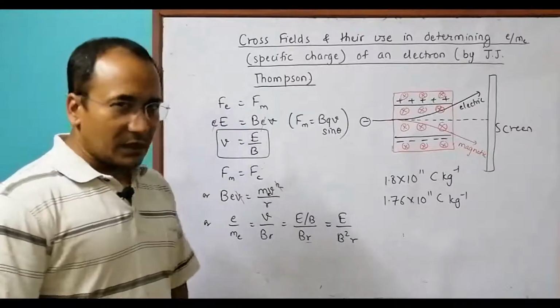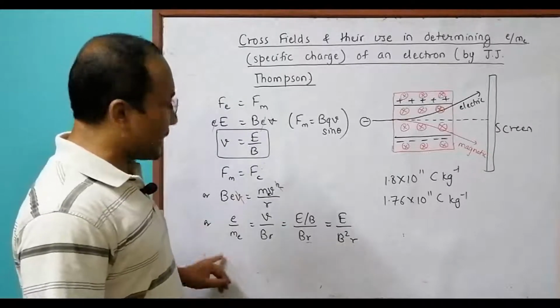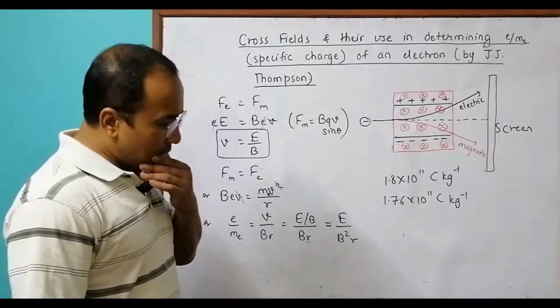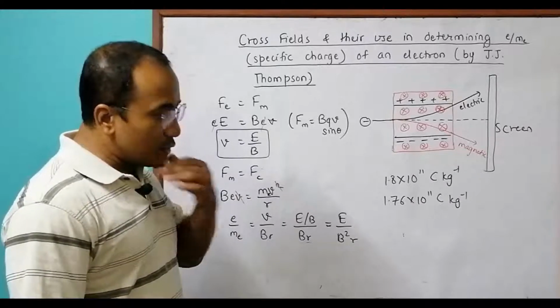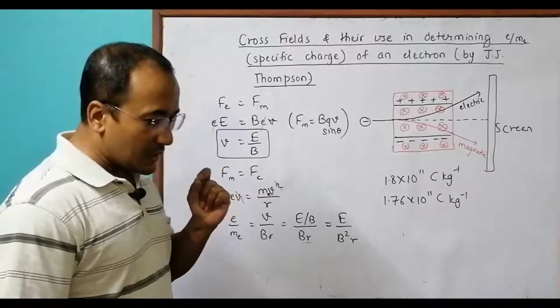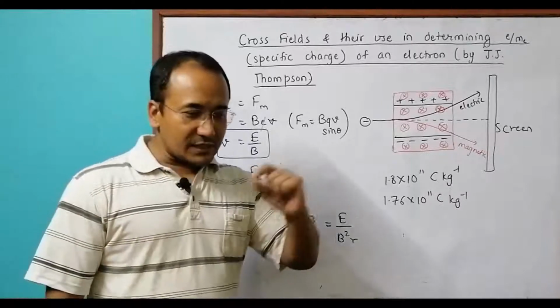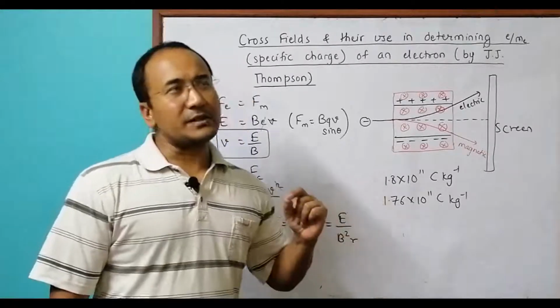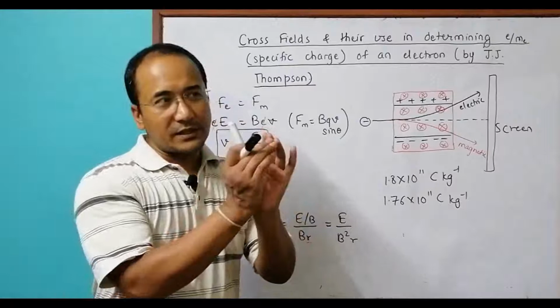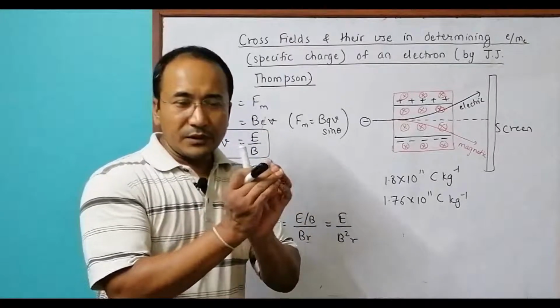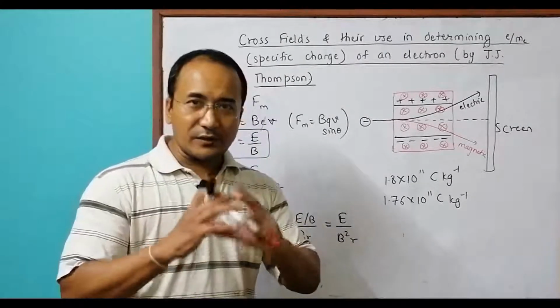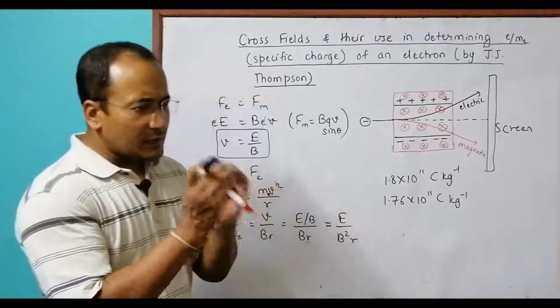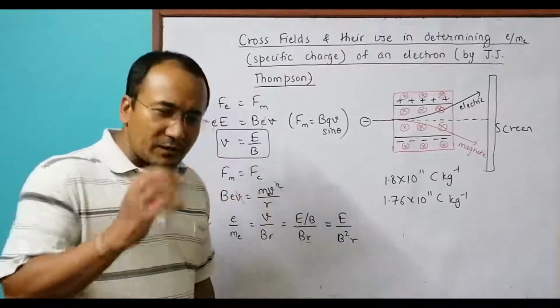Now this method not only determined the value of e by m, but also gave us a new technique of velocity selection of charged particles. It means selecting charged particles according to their velocities. We want charged particles of a particular velocity only at a particular place.